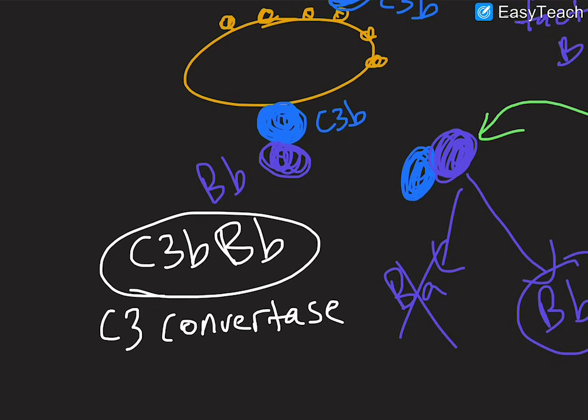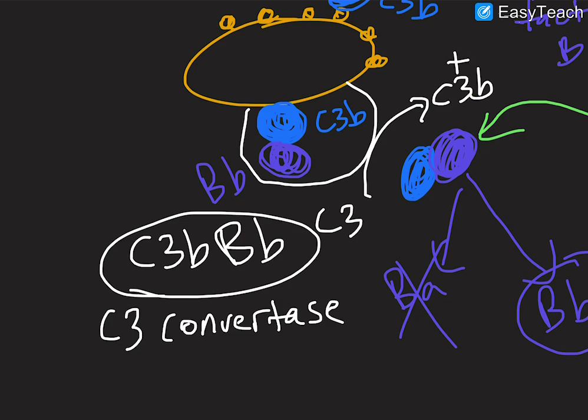So what's going to happen is if we have C3 convertase on the pathogen cell surface, more C3 can flow by and convert to C3b and C3a, and this can get amplified. So remember, the more C3 that comes, the more C3b and C3a will be produced.